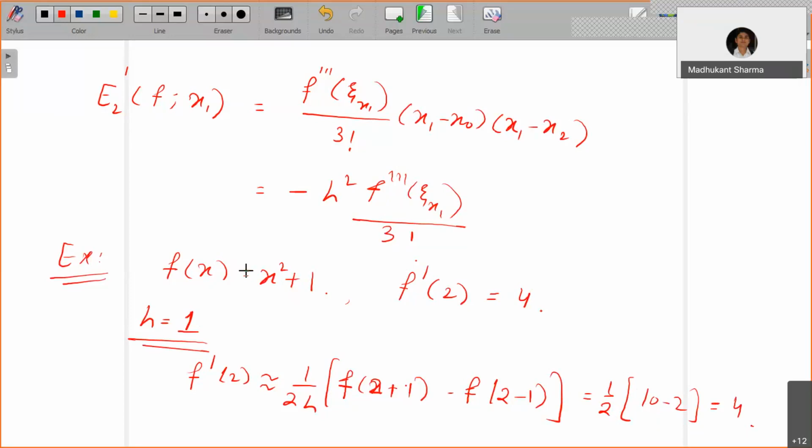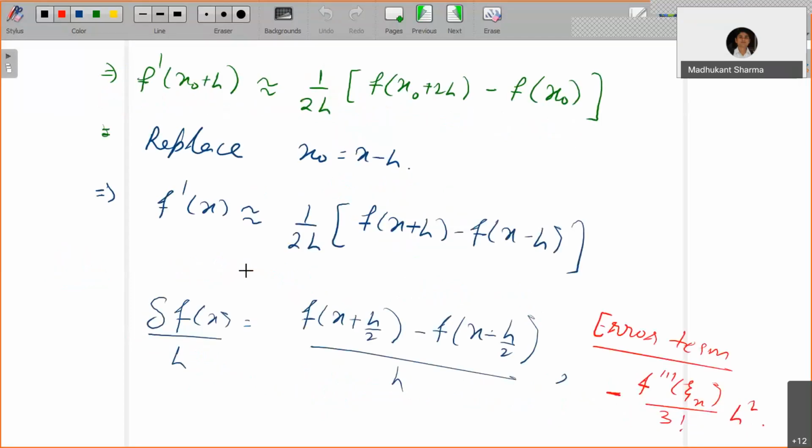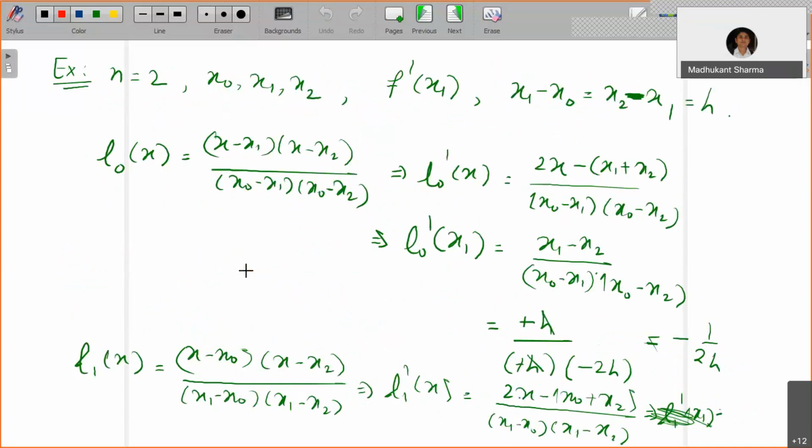Okay, so similarly, instead of the Lagrange polynomial, you can also work with Newton's interpolating polynomial as well. I'm not going into that. I just want to explain how you can use the Lagrange interpolating polynomial for approximating the derivative of a function. It will give you values at the nodal points.